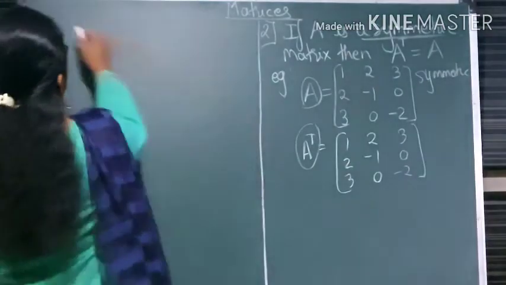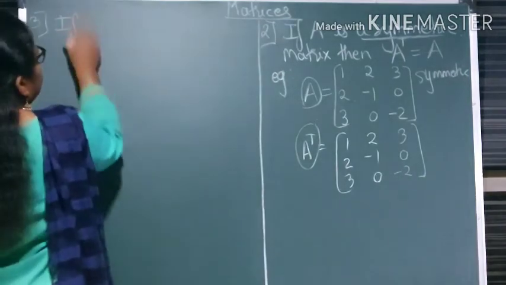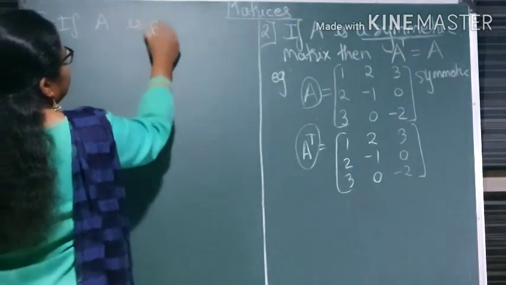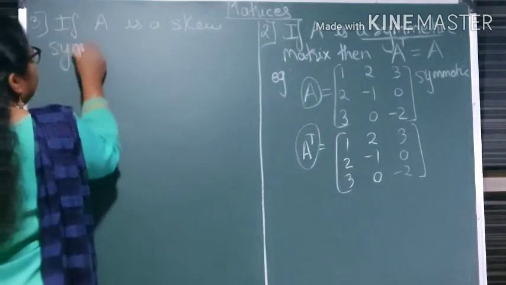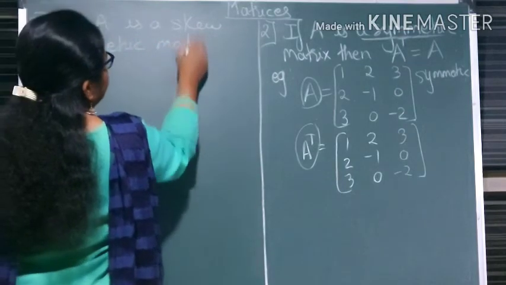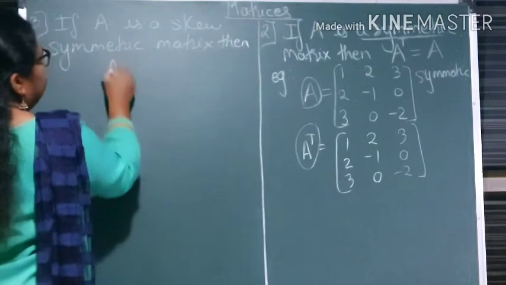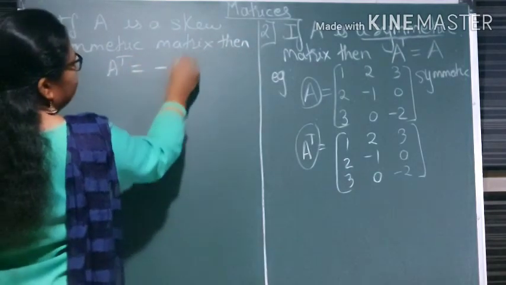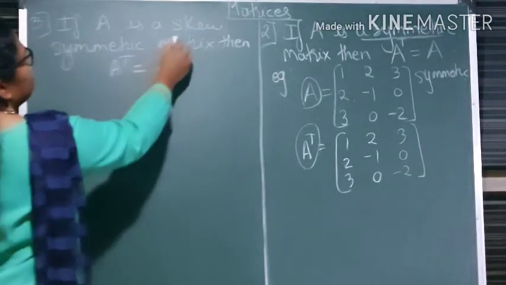Now the third property, what is the third property? It tells you that if A is a skew symmetric matrix, then A transpose is equal to minus A. Now how will you get this skew symmetric matrix?